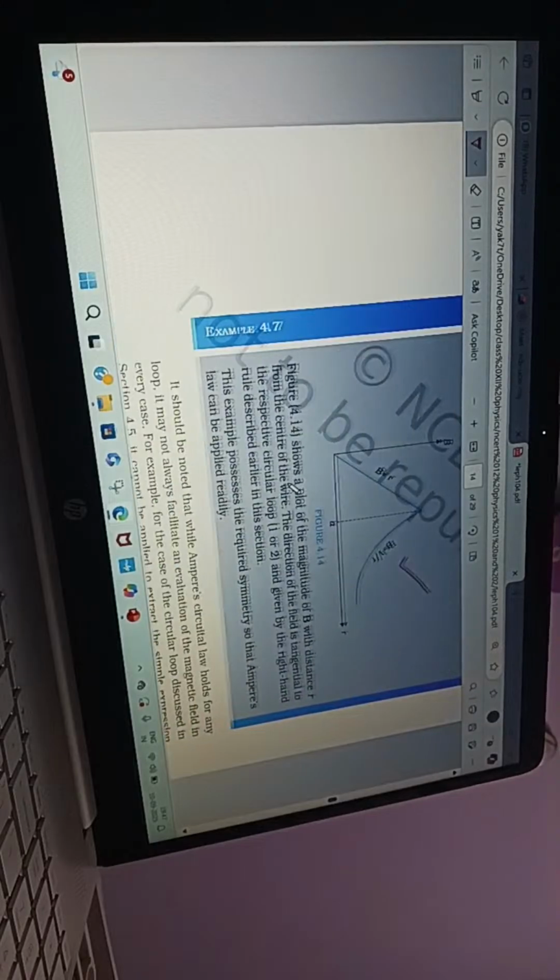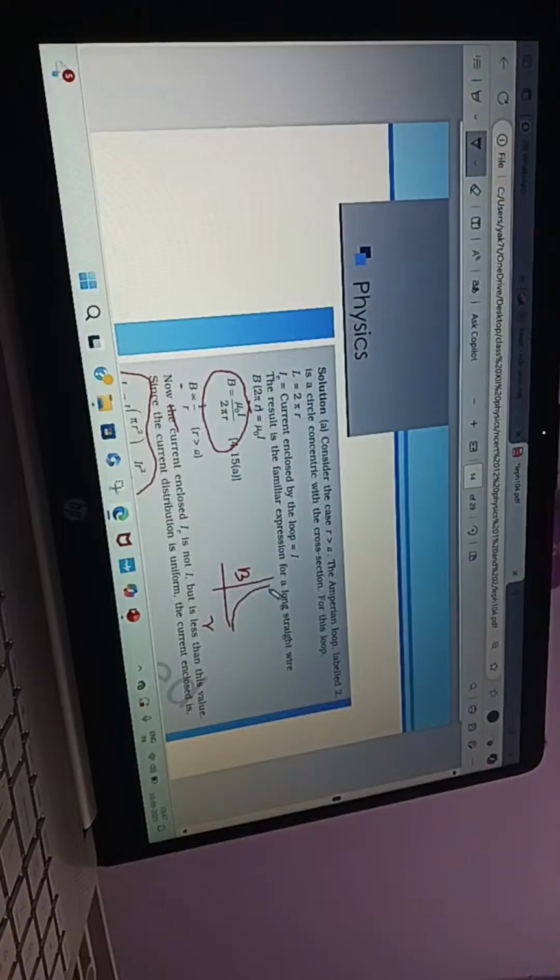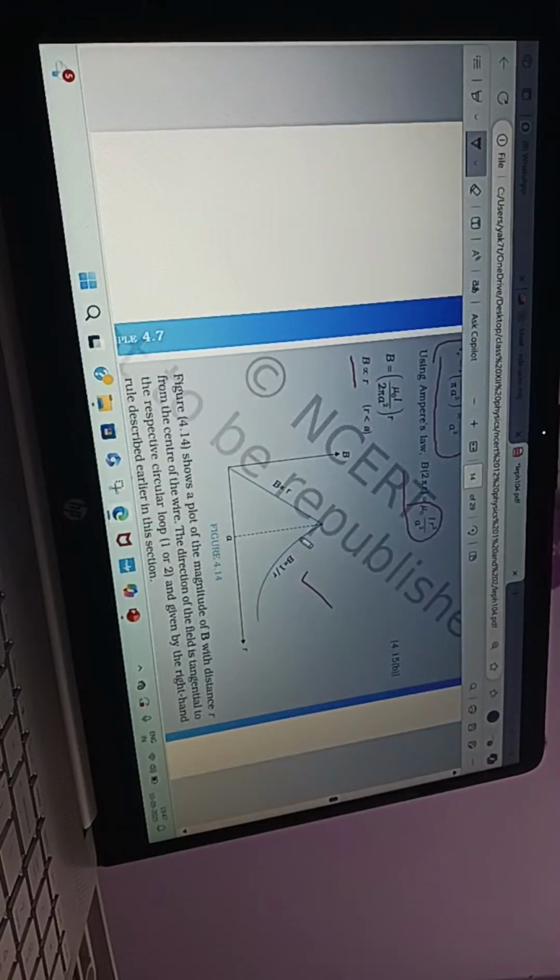So now in the first case, when r is less than a, B is proportional to r, so it will come as a straight line. When r is greater than a, it will come like this. So from 0 to a, the magnetic field is increasing. Once it comes out of the conductor, it will be decreasing.